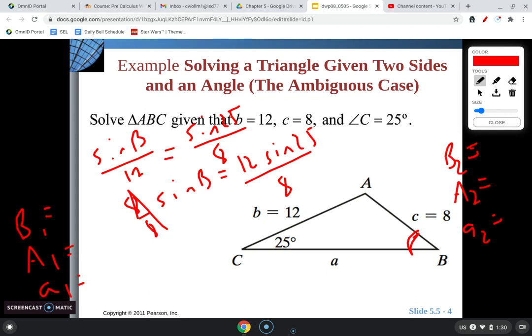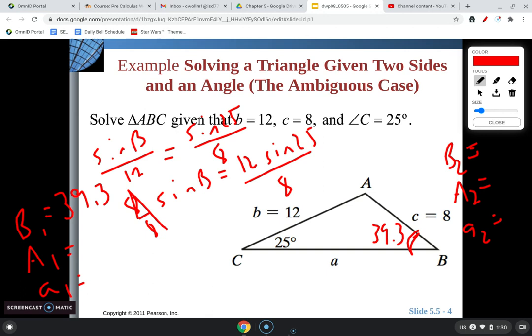So I'm going to go 12 sine 25, hit enter, divided by 8, hit enter. Make sure you are in degree mode when you do this. But then since we're finding an angle, we're going to go inverse sine of the answer we just got, and that gives me about 39.3 degrees. So big B1 is 39.3 degrees. All right, then we can find big A1 because now we know two of our three angles.